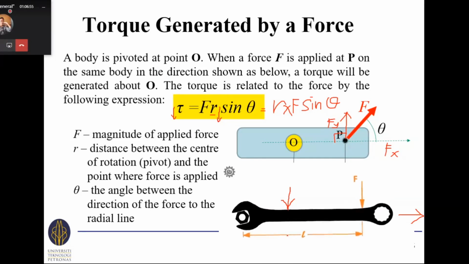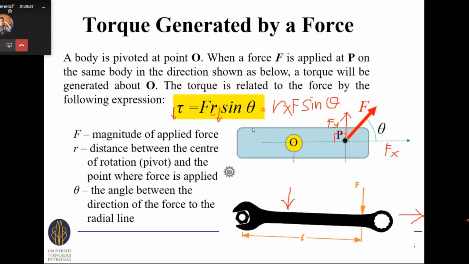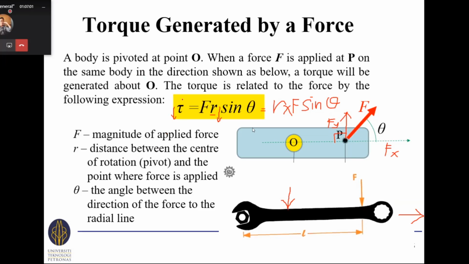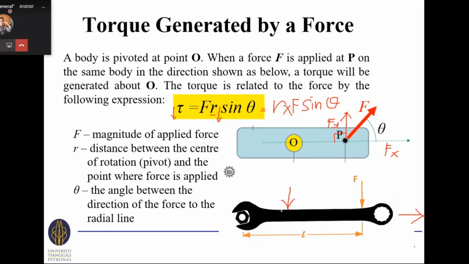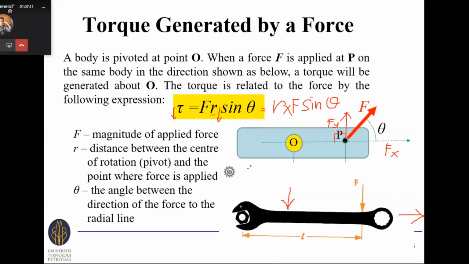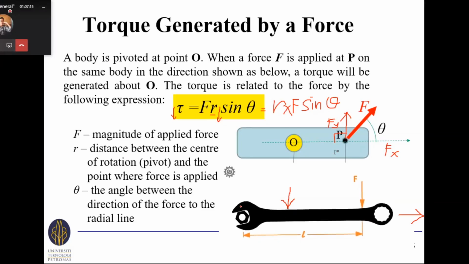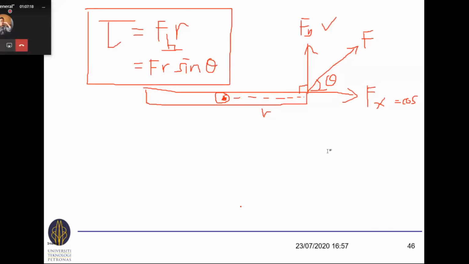If you keep the R greater from the axis of rotation, it also makes the torque bigger. So when the torque is bigger, it will be easy to rotate compared to if you exert the force near the axis of rotation. You will feel it is harder to rotate the object. That's the use of it.